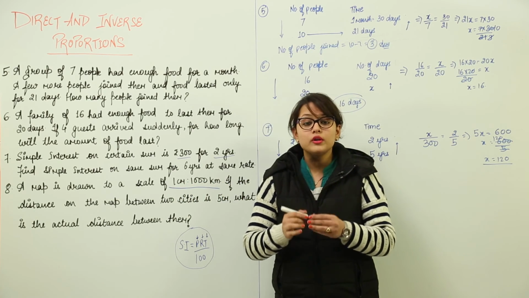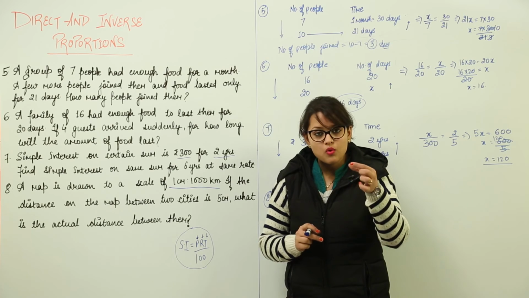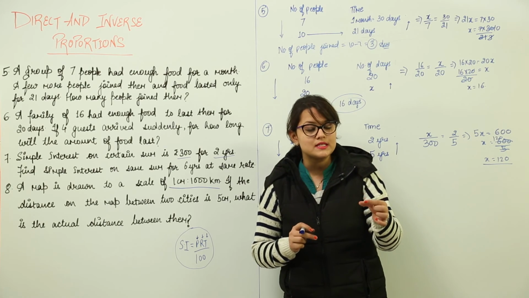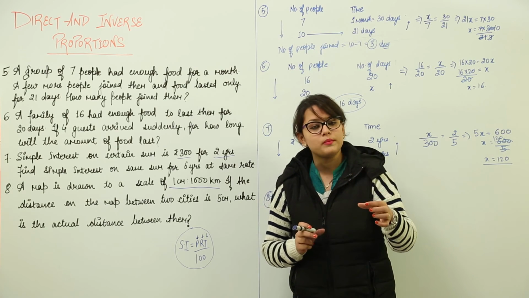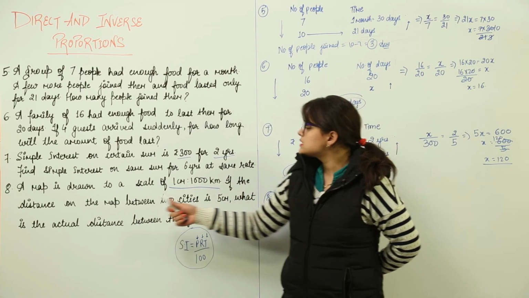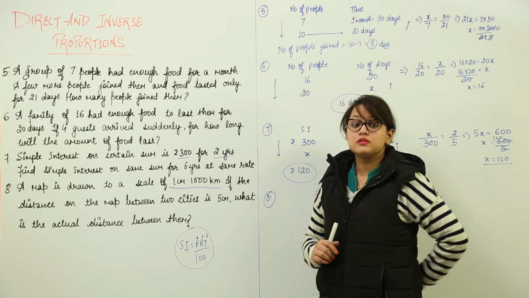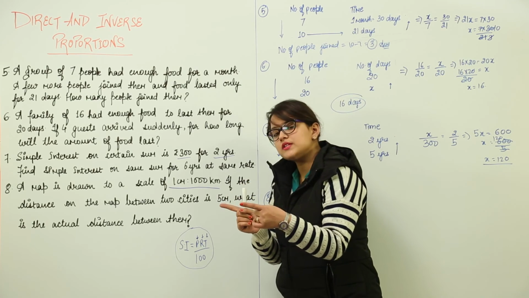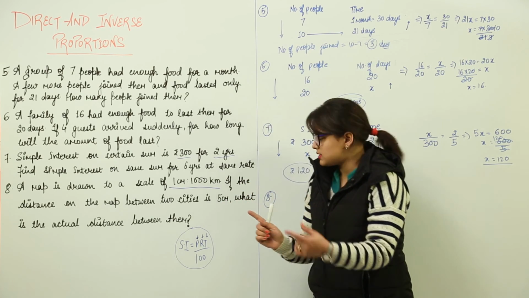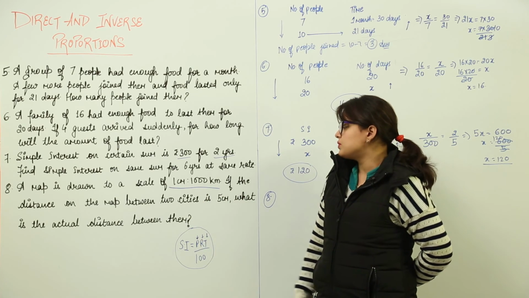That means on your map, the distance of 1 centimeter will be representing the distance of 1000 kilometers, right? If the distance on the map between the two cities is 5 centimeters, what is the actual distance between them?